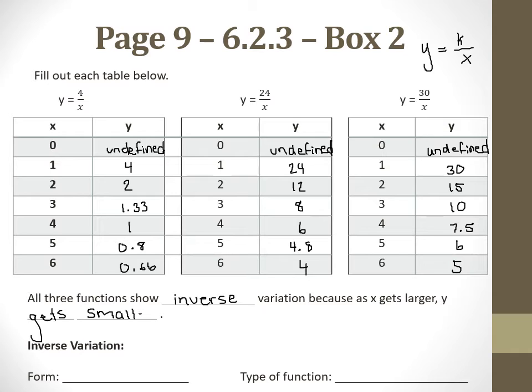So in real life, you'll have lots of examples of this as well. As pressure increases, the more you squash something, volume decreases. The more you squash something, the less space it takes up. So these are all having the form y is equal to some constant divided by x.